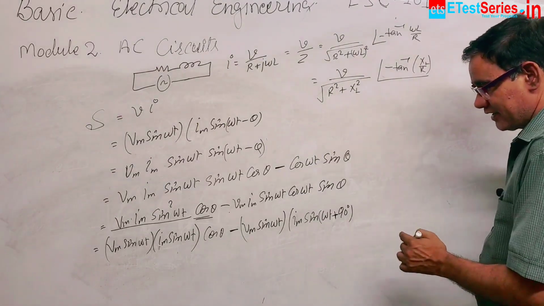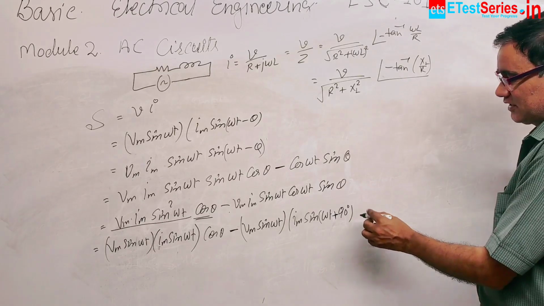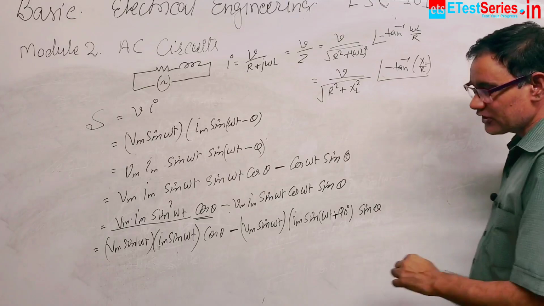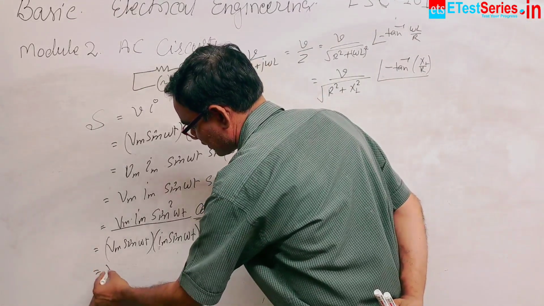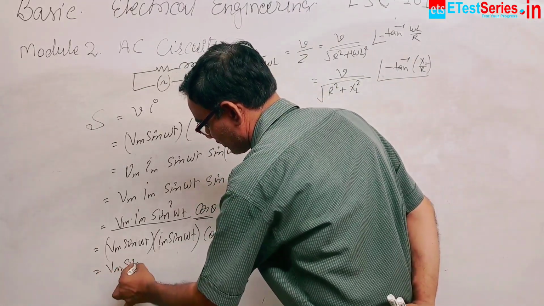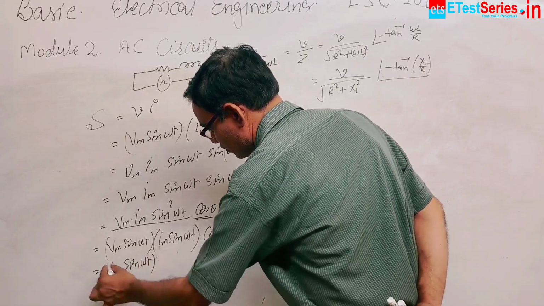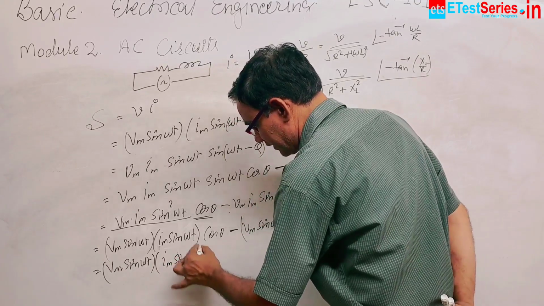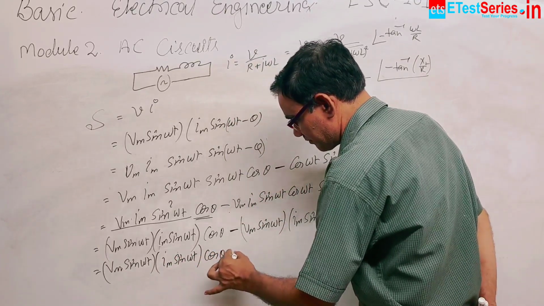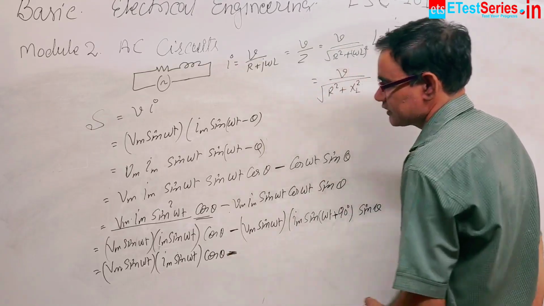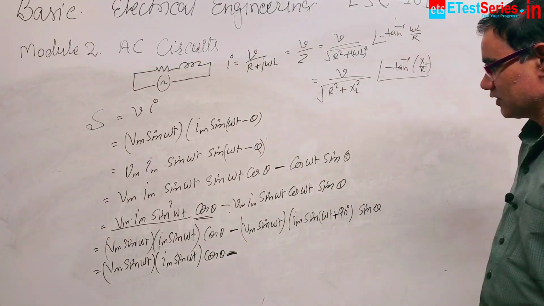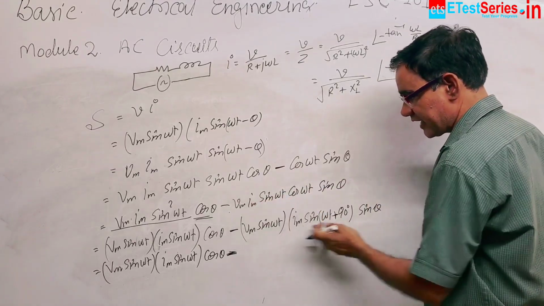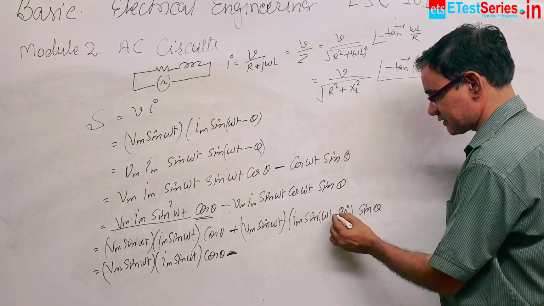So it is iota. It is nothing, it is iota. And sin of theta is further written down as Vm sin omega t is one thing, Im sin omega t cos theta minus... If we are taking minus over here inside, then this becomes plus and this becomes minus.